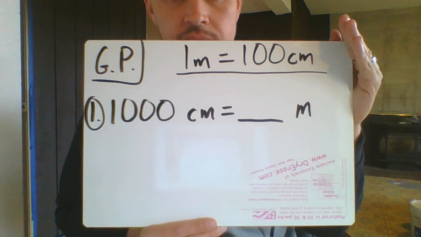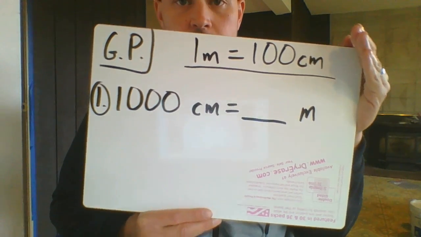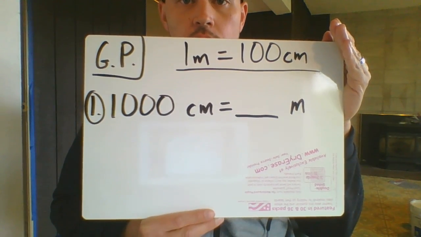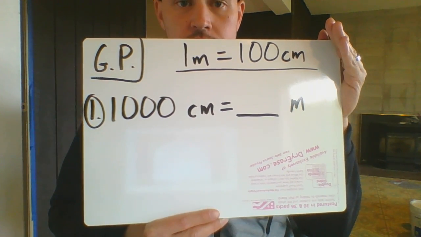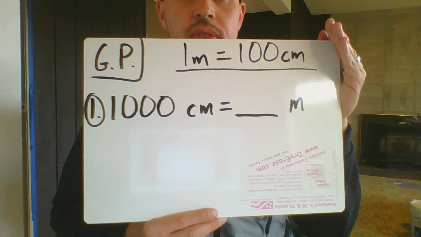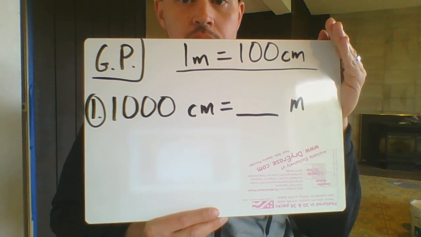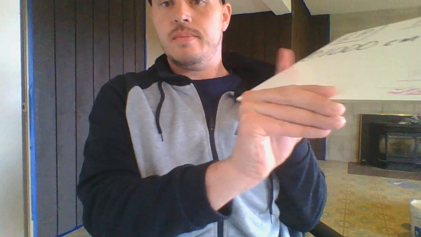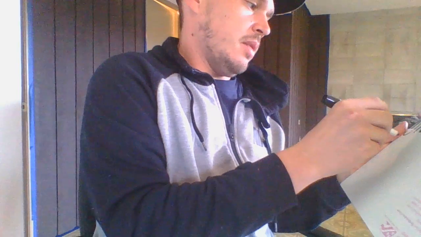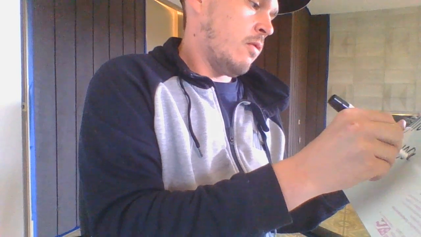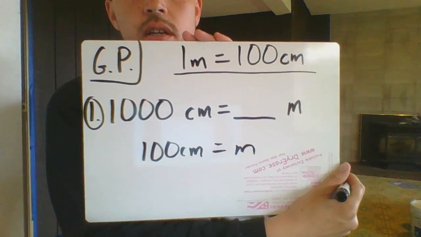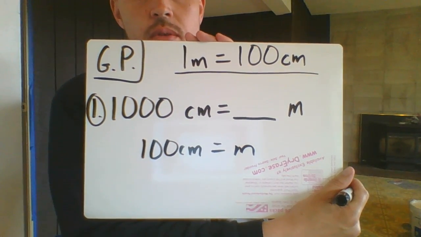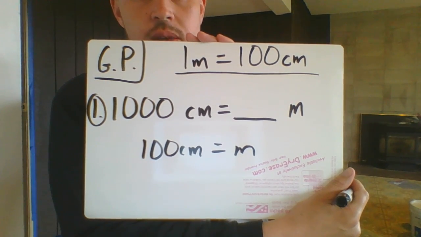Okay, so right now I have number 1 from the guided practice. Now, you wrote down 1 meter equals 100 centimeters. Problem number 1 shows 1,000 centimeters equals how many meters? Okay, now, this year we talked about how equations can be flipped around. So we know that 100 centimeters equals how many meters?